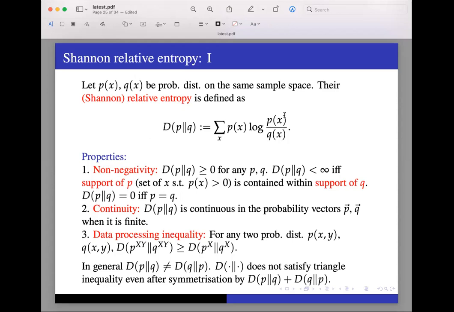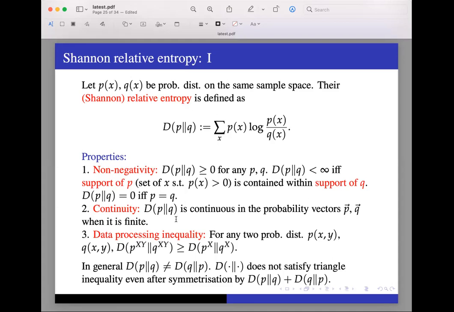So it's not even clear a priori that the expectation of this random variable is a non-negative quantity. The first non-trivial property is that it is indeed non-negative, and moreover it is 0 if and only if P is equal to Q. So there is a strict non-negativity. That is why I can think of this as an asymmetric notion of distinguishability between probability distributions P and Q. Asymmetric, why we'll see shortly.